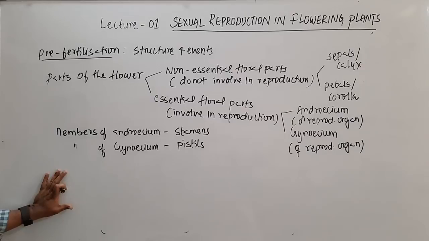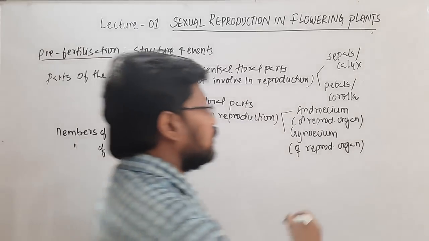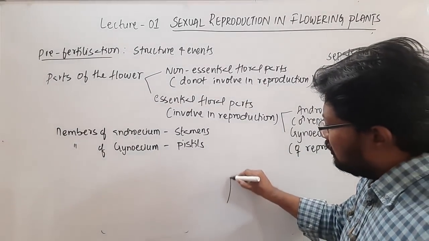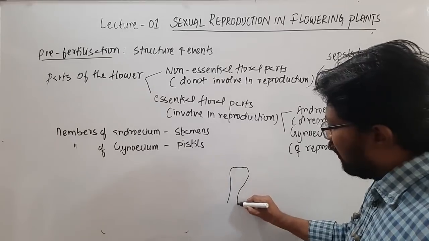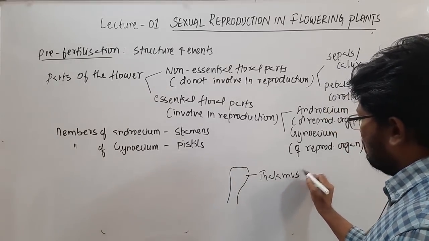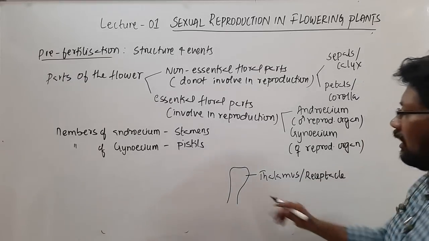Now all these four parts are arranged in four whorls on the swollen part of the flower, that is the thalamus. When we see the flower, the base of the flower is swollen. This part is called the thalamus, also called the receptacle.